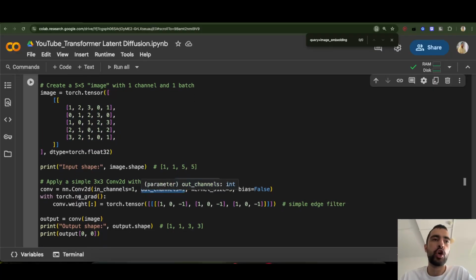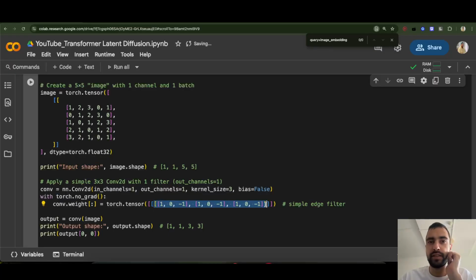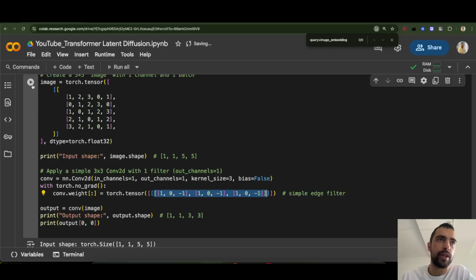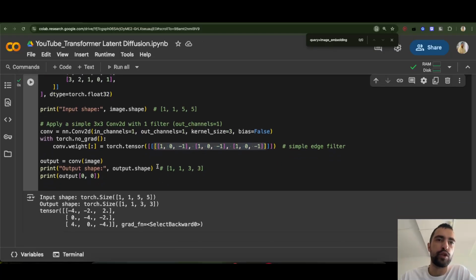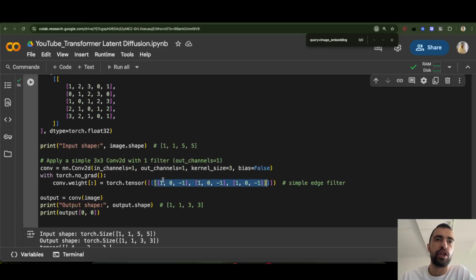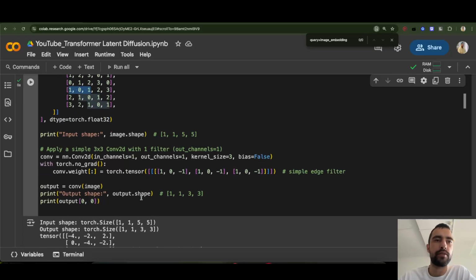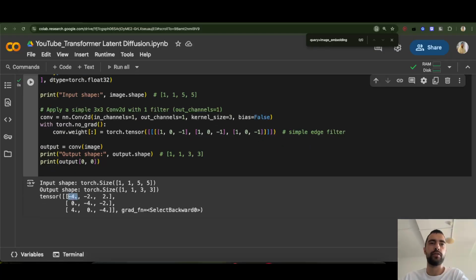And now we are going to just hard code our kernel instead of learning it. We want to see how it works. So it will say 1 times 1, 0 times 2, -1 times 3, and then same for this and same for this, and add them all up to get this -4.